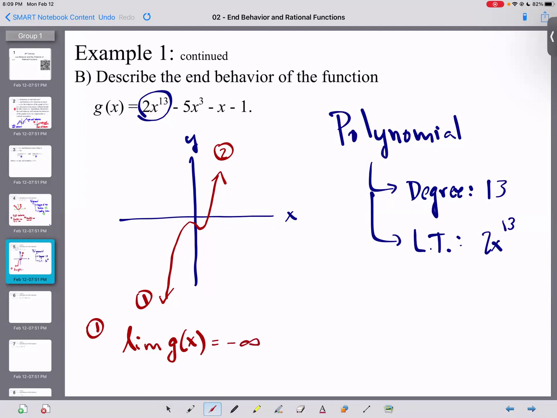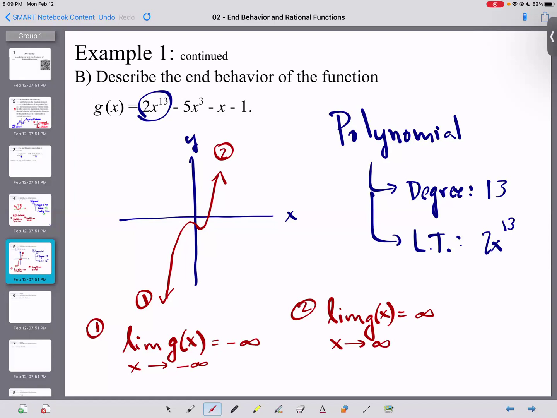So the symbol for going down is -infinity as x goes left, which is also -infinity. And the second end behavior, the right end behavior, is this function goes up towards positive infinity as x increases without bound, or goes to the right without stopping. And that's how we would write our end behavior for the function g.